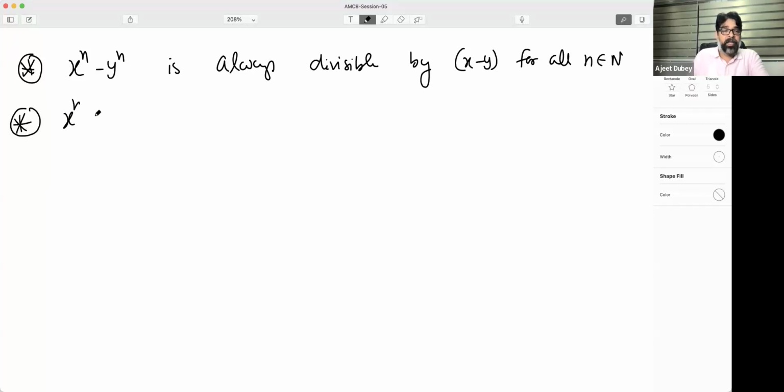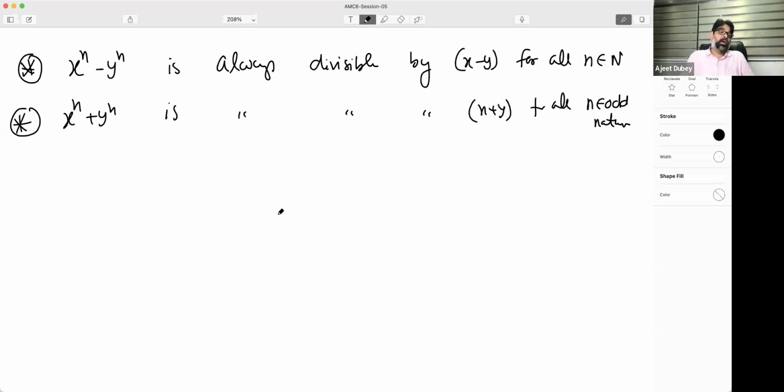Second, x power n plus y power n is always divisible by x plus y for all n belonging to odd natural numbers. Be clear, not all, only odd natural numbers.